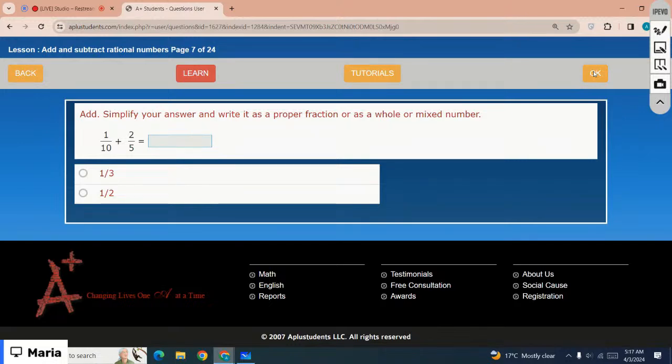The correct option is, yes, that is 1 over 2. Option number 2 is the correct option. Very good.